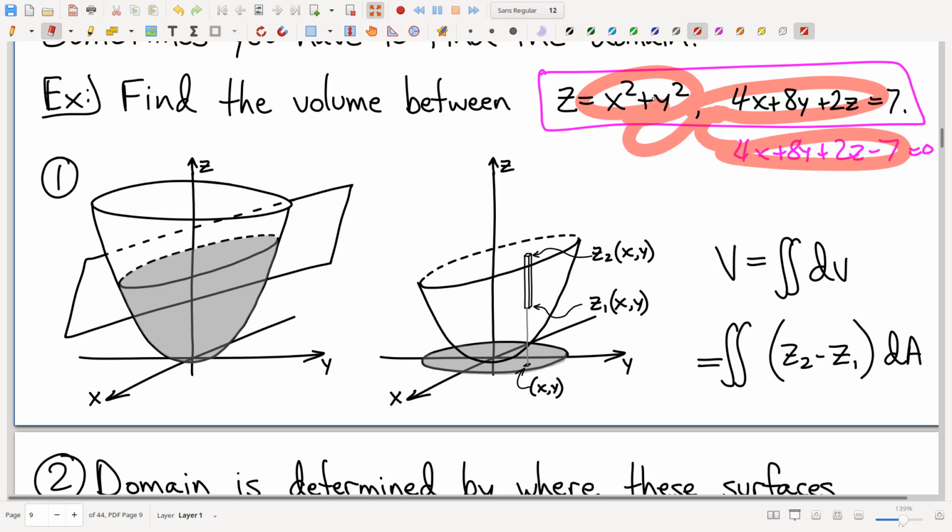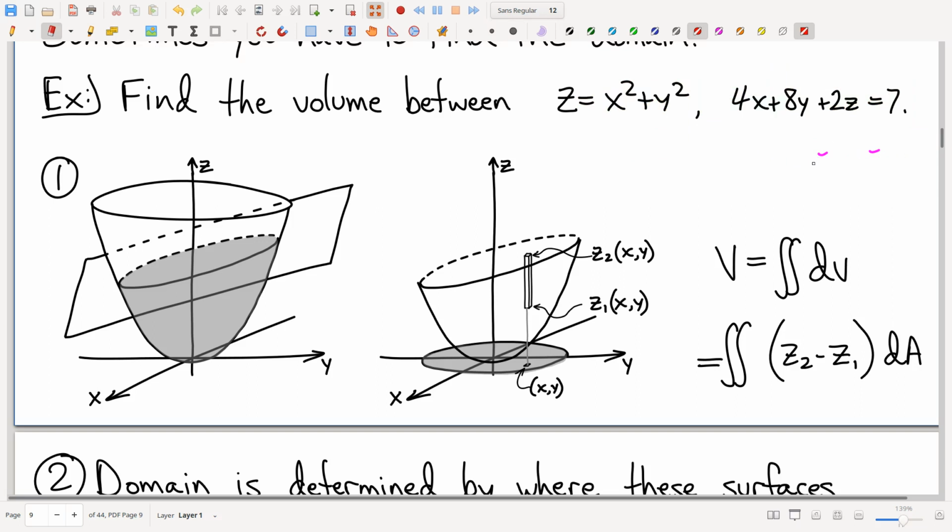Now let me show you the right method. The right method is to realize that what we're looking for here are values of x and y, points like this, that are on this curve. And in particular, I want to know values of x and y where if I ask what's the z value that gets me up to the paraboloid and what's the z value that gets me up to the plane, I want those two z values to be the same.